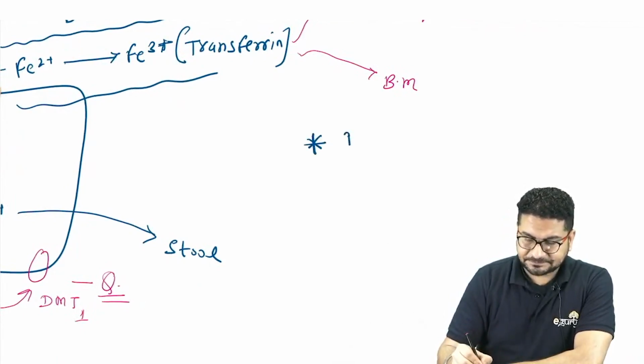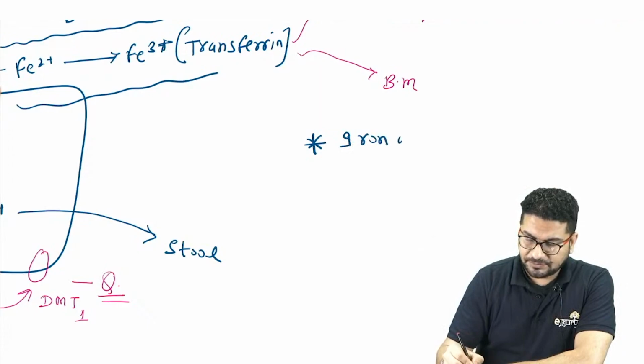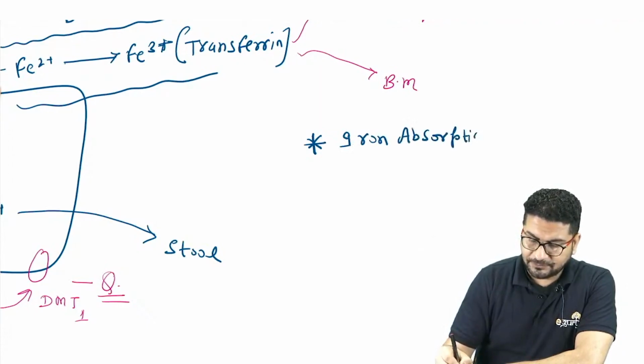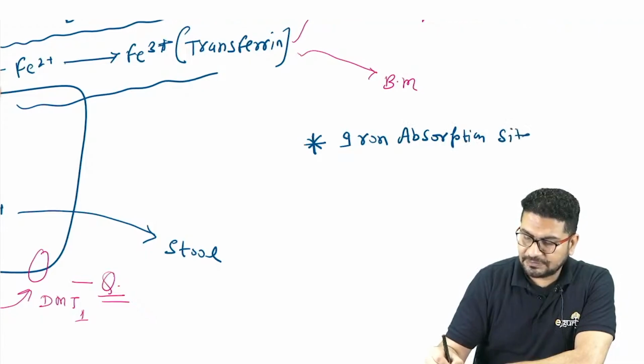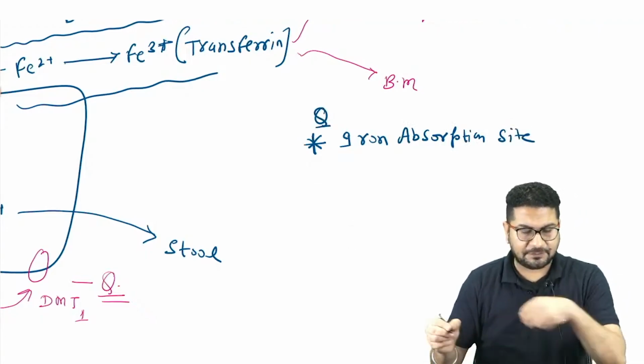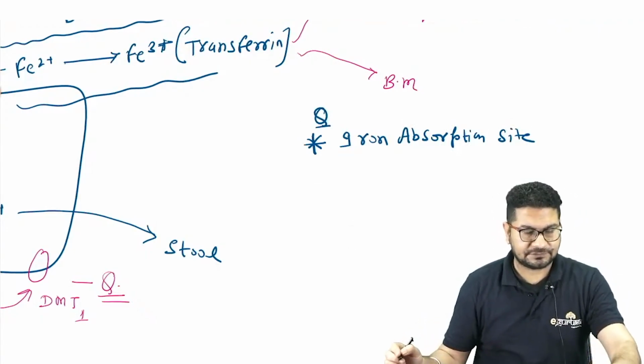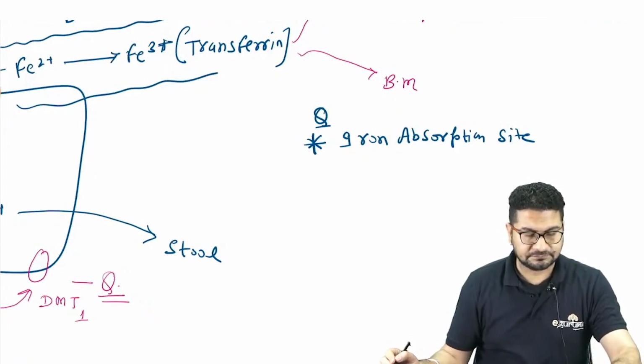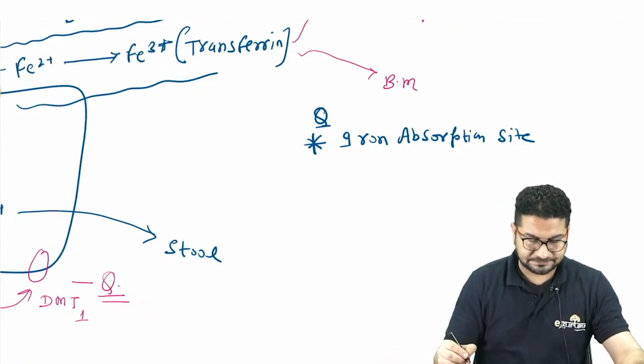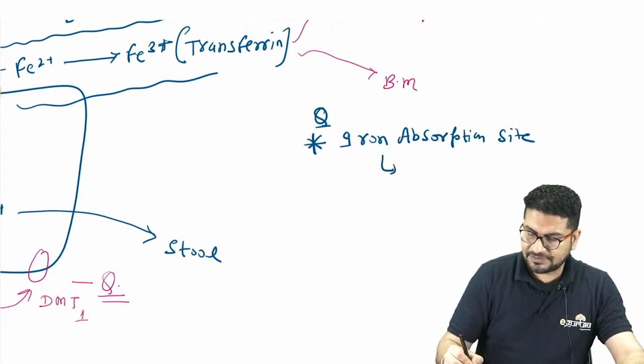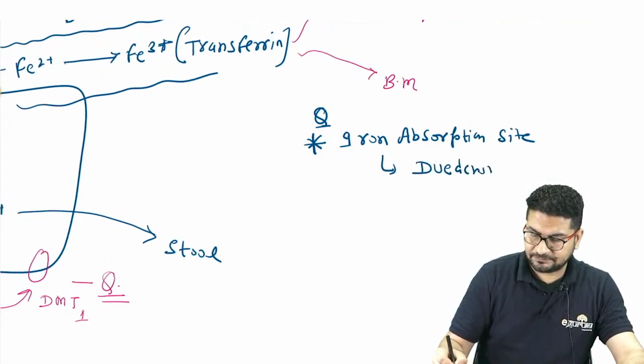If I say site of iron absorption, tell me the MCQ and the answer. Where does iron absorption occur? The answer will be duodenum.